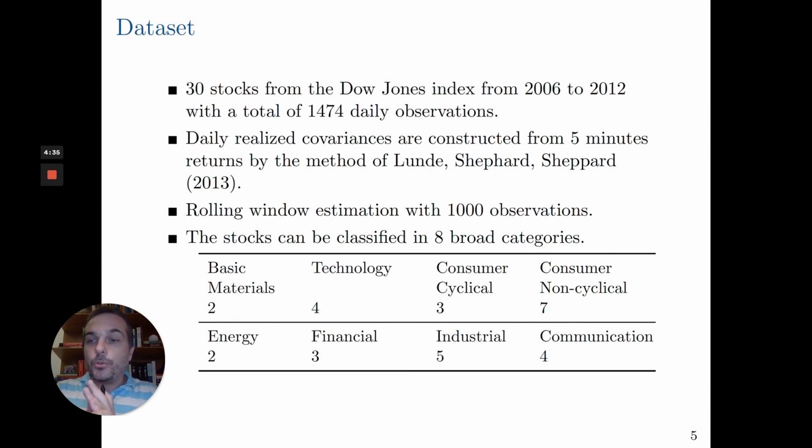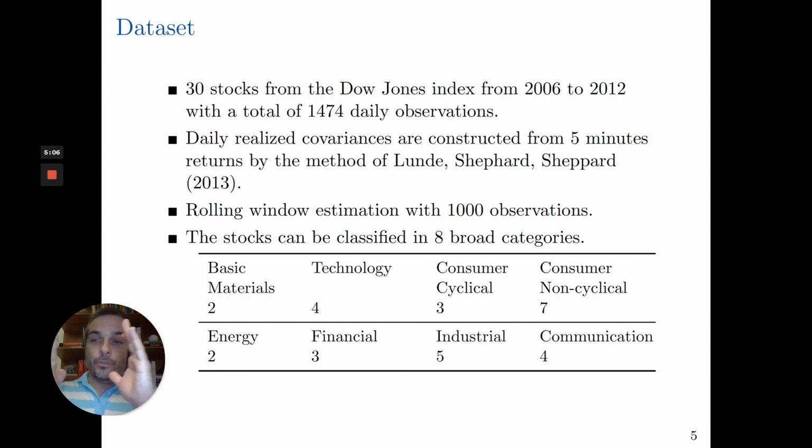So what we are going to do is construct a rolling window. We are going to take 1,000 observations and estimate that huge VAR model by lasso or adaptive lasso. We are going to make forecasts for 1 day, 1 week, and 1 month ahead, for the full matrices, and keep this forecast.